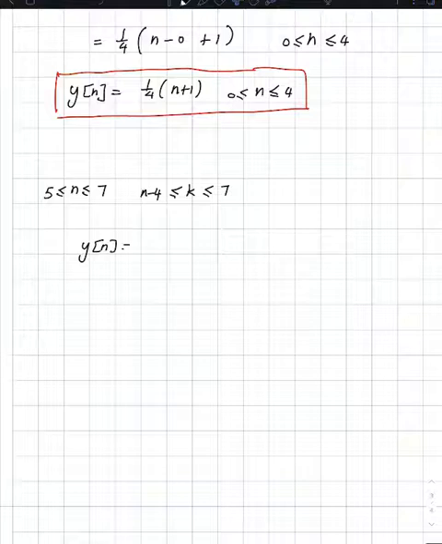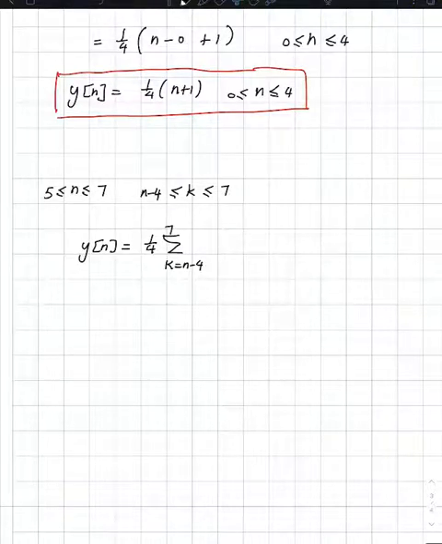Therefore y[n] equals 1/4 times the summation of k equals n minus 4 to 7.